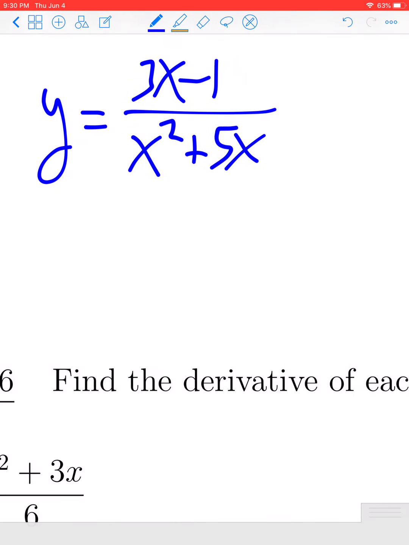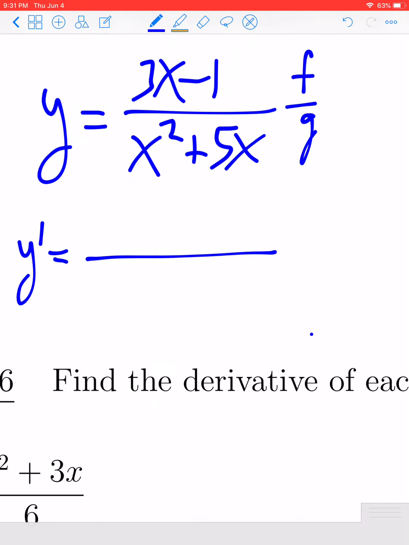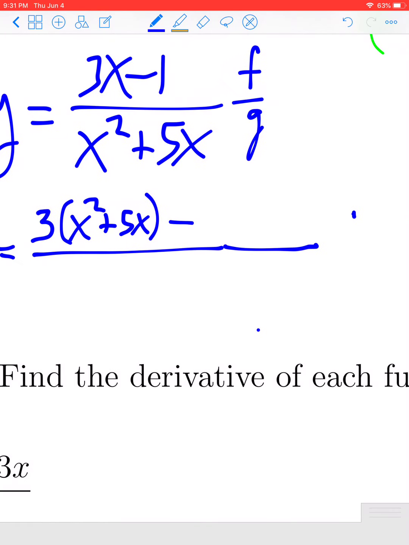Again, if you're following along, we're thinking of this as f divided by g, where in that theorem we call f the numerator function and g the denominator function. According to the quotient rule, we take the derivative of the numerator, that's 3, times the denominator, minus, very important, don't forget that sign is a minus, the numerator left alone, multiplied by the derivative of the denominator.